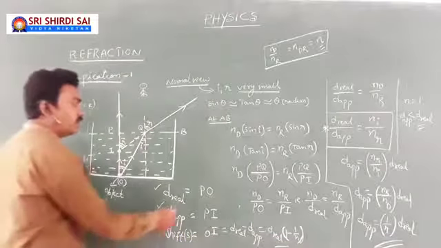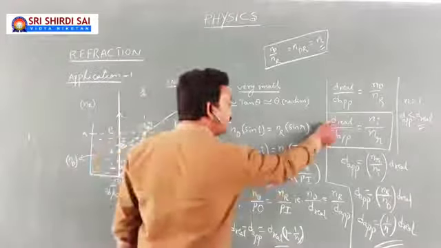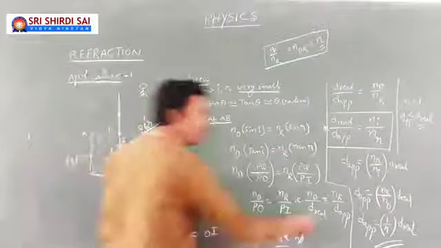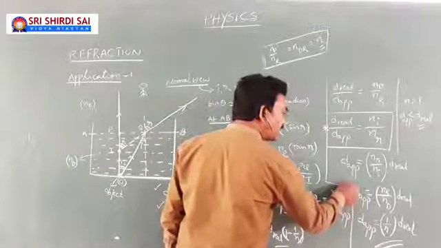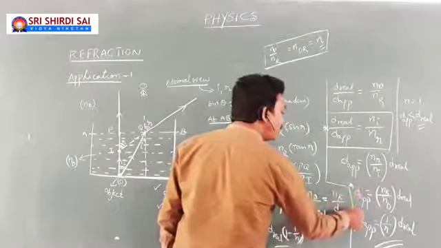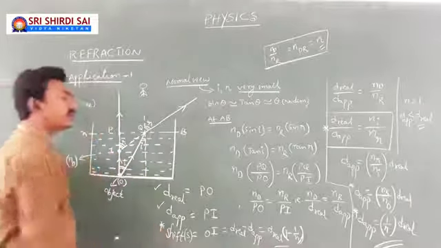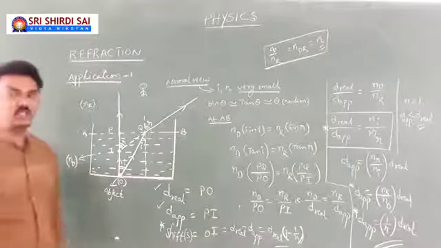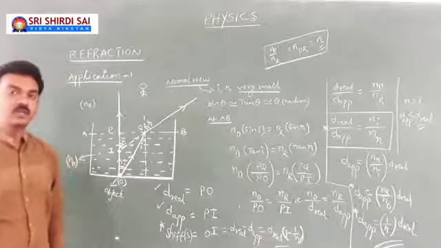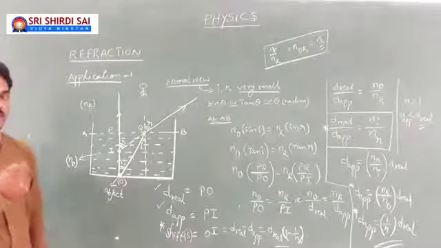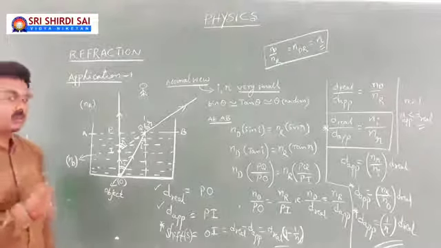So I have given a formula for the relation between real distance and apparent distance, and a formula for apparent distance especially when the object is in denser medium and observer is in rarer medium, and here is the shift formula: real distance into 1 minus 1 by N. So I am concluding. Here in this particular case, the object is in denser medium, observer is in rarer medium.